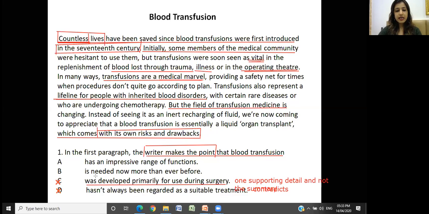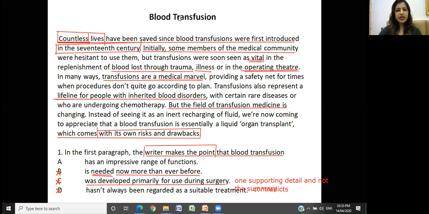So here you can see "is needed now more than ever before." That means it is a comparison of the requirement of blood transfusion between current times and the past. But here in the paragraph, there is no such comparison, whether the number of blood transfusions has increased or not. Right? So that helps me to rule out this answer as well.